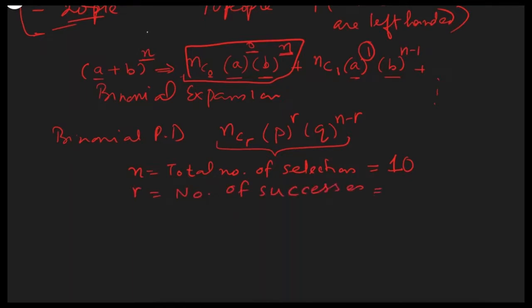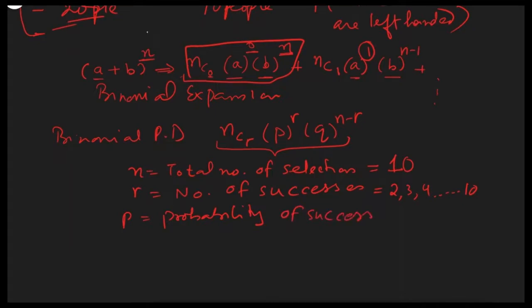So in this case we want at least 2, right? That's what we said. So our number of successes will be 2, 3, 4 till 10. Yes, all these are numbers of successes. Then p. p is the probability of success.